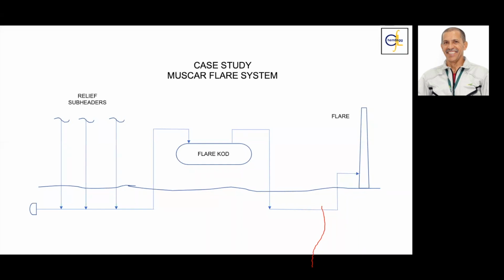It's very important to know that this Muscar is a very old gas plant in Venezuela, and they treat the natural gas, so they dehydrate the gas, they sweeten the gas, they control the dew point of this natural gas for transportation.